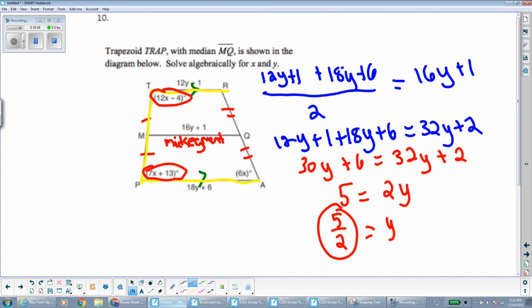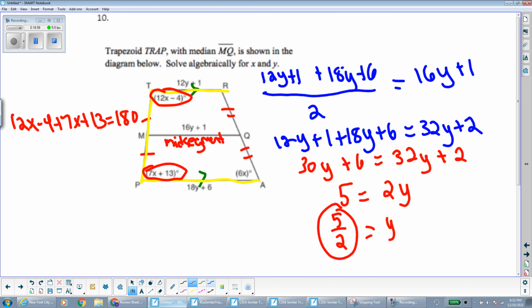And I know that same side interior angles are supplementary or add up to 180 when we have parallel lines. So I'm just going to make an equation that says this upper base angle over here, 12x minus 4, and the lower base angle below it, 7x plus 13. When we add them up, we should get 180 as our answer.